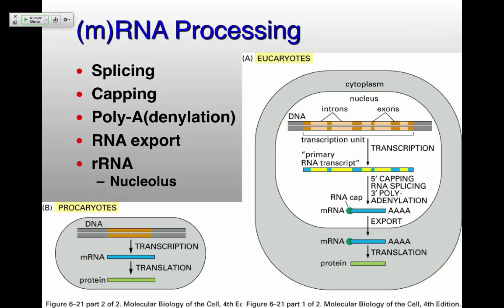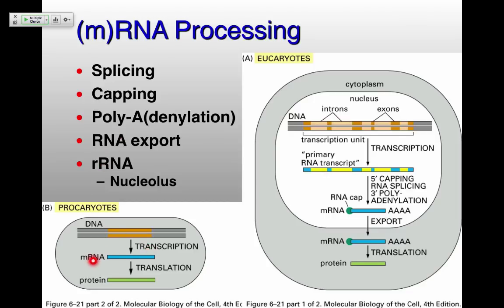we now know we have messenger RNA, but that messenger RNA, unless you're an advanced organism like a bacterium or archaeum, doesn't get translated immediately. There are things that have to happen to it before it can actually be translated. So in these prokaryotes, bacteria and archaea, by definition, they do not have nuclei.